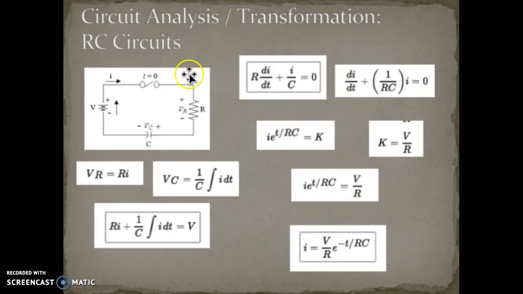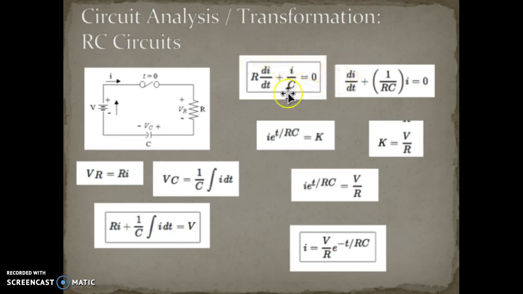For the second, RC circuits, we use first order because it's the same rule. We're looking at the voltage drop at the resistor and the voltage drop at the capacitor. We know that the current's constantly changing, thus we can rewrite it as so.